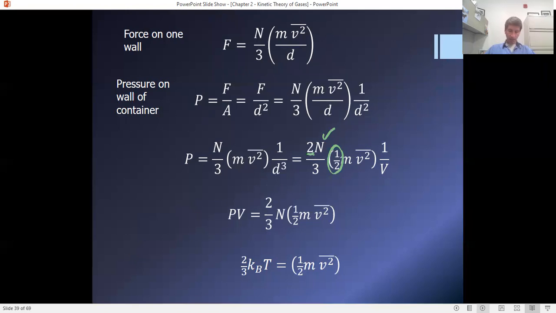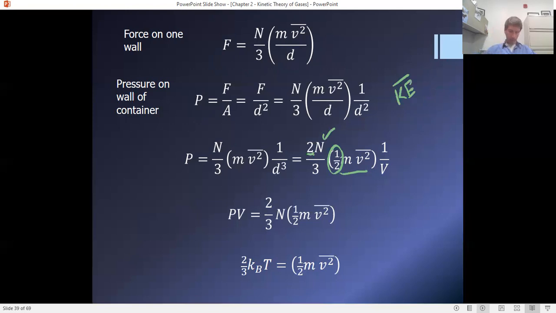That's going to allow me to express this part of the equation in terms of something close to kinetic energy, 1/2 mv squared. Again, this is not the kinetic energy of one particle. This is the average kinetic energy of all the particles.